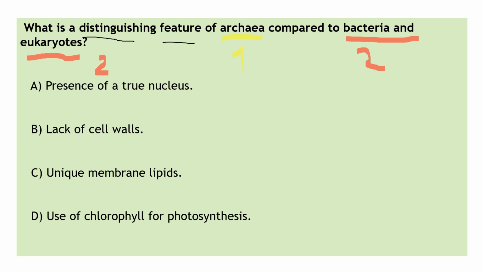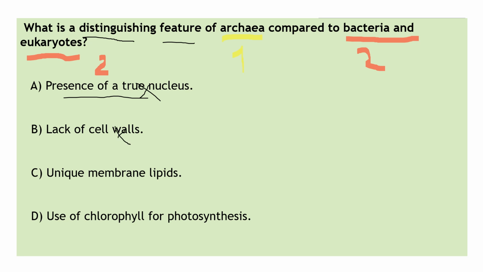So these two groups are not divided by the presence of a true nucleus. That is very obvious. Archaea doesn't have a nucleus and bacteria doesn't have a true nucleus. So this is wrong. Lack of cell walls. We know that archaea has a cell wall and bacteria has a cell wall too. So this is not a way to differentiate these two.